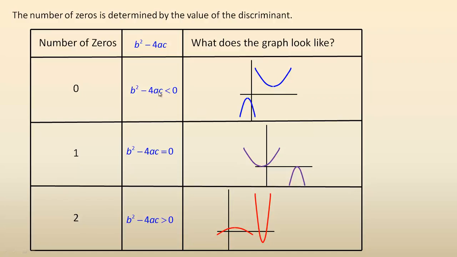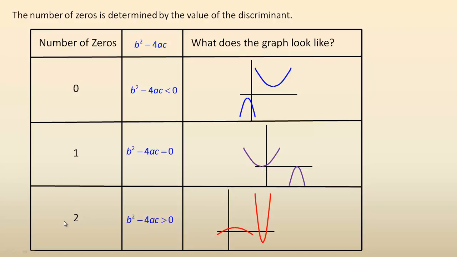So if the value is negative, like the last example, then there are no real roots, there are no zeros, so it looks like this. The vertex is above the x-axis and opens up, or below the x-axis and opens down. There are no real roots. If there's 1 real root, then the value of the discriminant is 0, like the x plus 7 squared one. And it looks like this. There's the vertex on the x-axis somewhere like this.